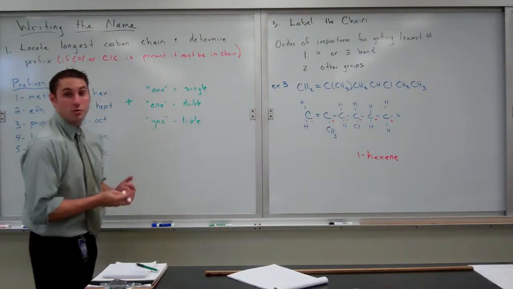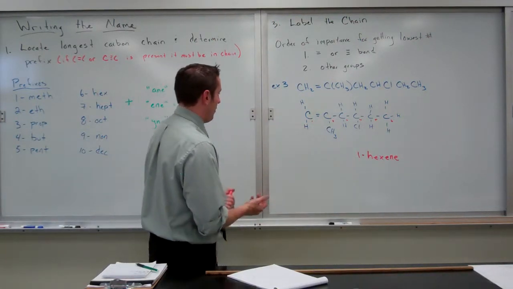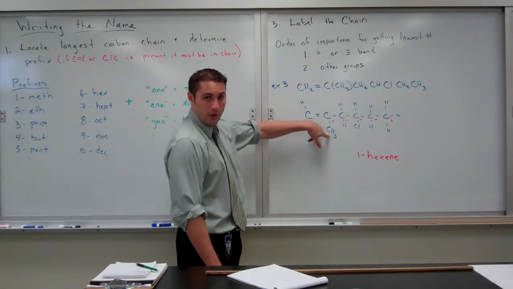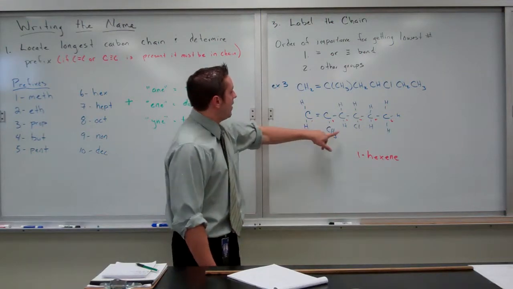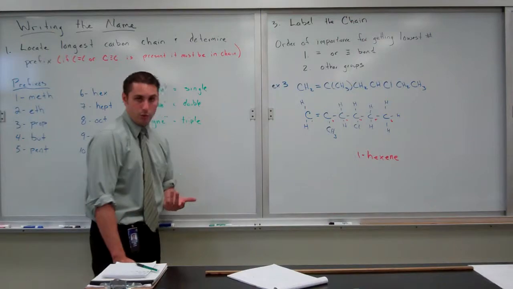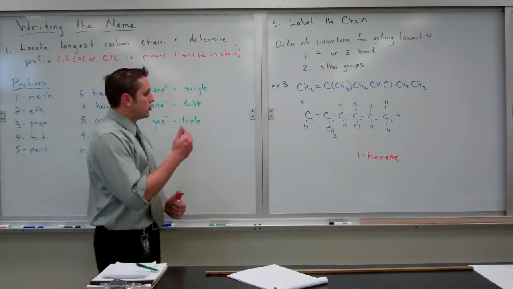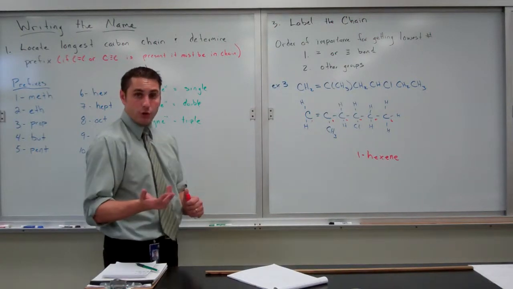So when I move on to my substituent groups, I've already placed the numbers on there for them. I'm going to have a CH3 group off of here, which is called a methyl group. And then I have a Cl group off of here, which is called a chloro group. So now I'm going to have 2 methyl, 4 chloro. So how do I decide what order to write those in?